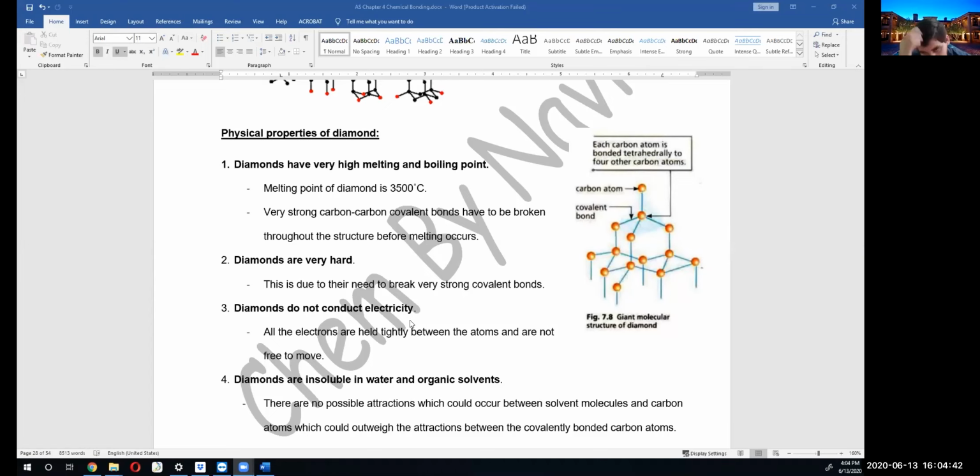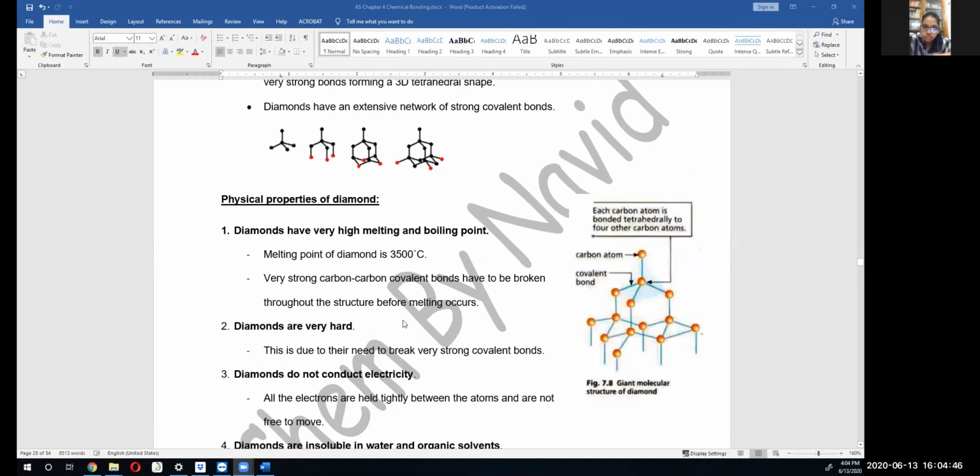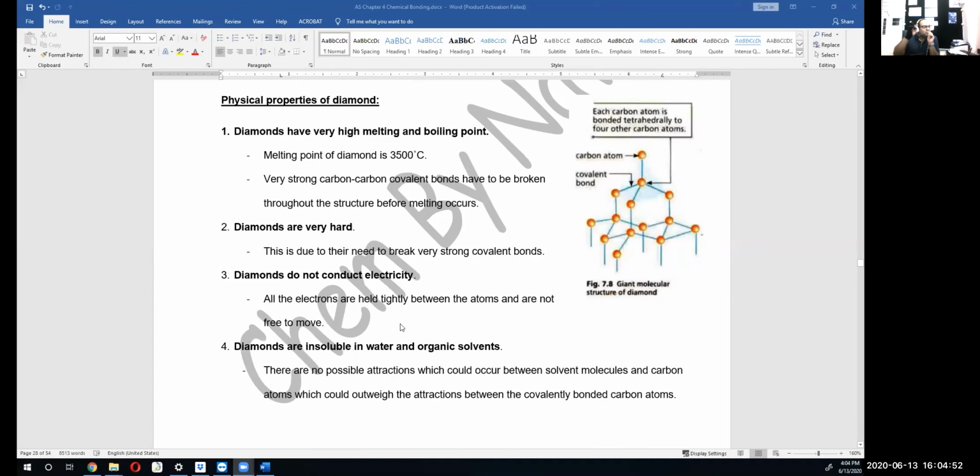Insoluble. See, once you can make the concept clear, you do not need to memorize. In O levels we memorized why they're insoluble, but we did not learn the reason. Now that we know the reason, hopefully you do not need to memorize.